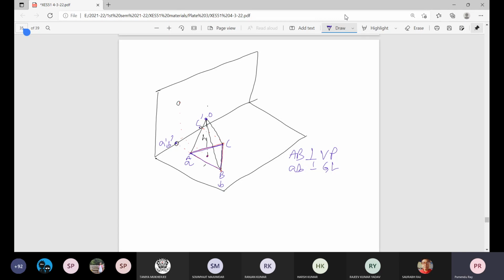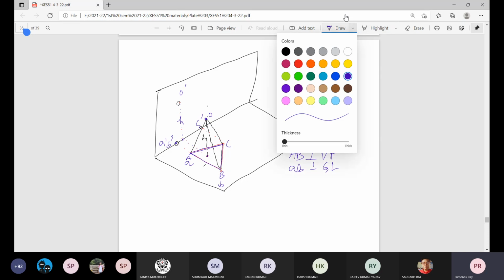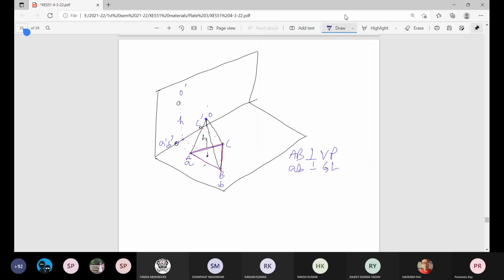Find the geometrical center of the base by simply drawing two medians, get the point of intersection. Project it on the ground line, project it vertically, measure the height. This will be elevation O dash. Next you join O dash with A dash, with B dash, with C dash.